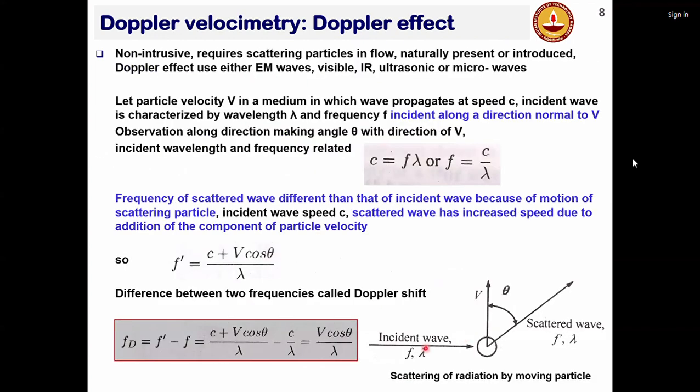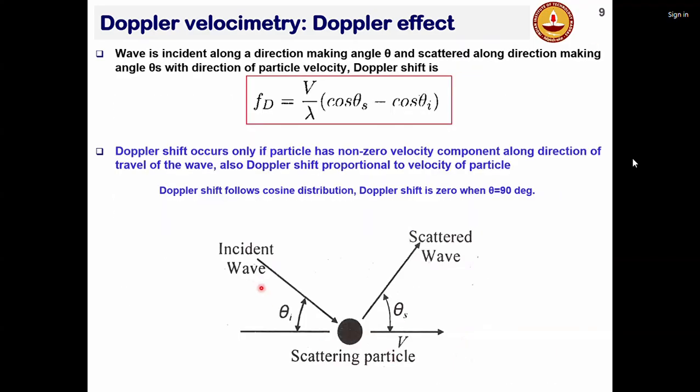In the earlier case, we said that the incident wave is orthogonal to the flow velocity, so there is no component of V in the direction of the incident wave. But let's say the incident wave is not making 90 degrees. The incident wave is making an angle theta I, and the scattered wave is making an angle theta S, and this is the particle, which is moving at velocity V in this direction.